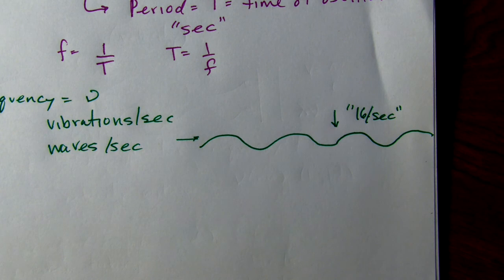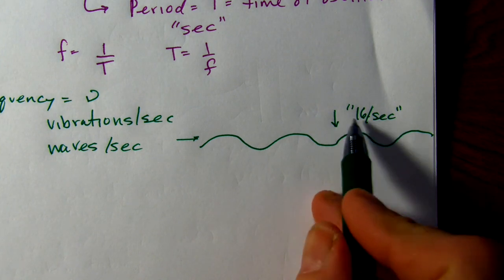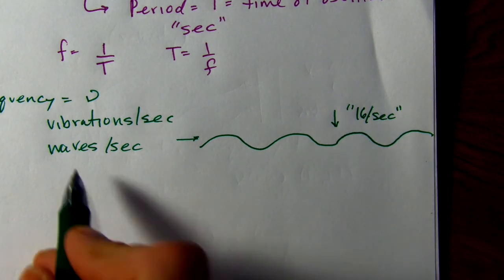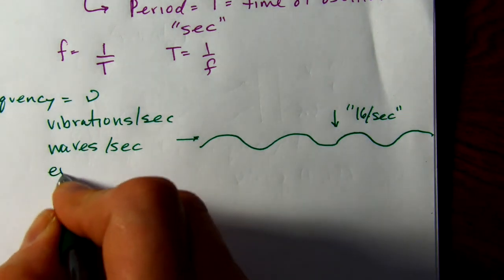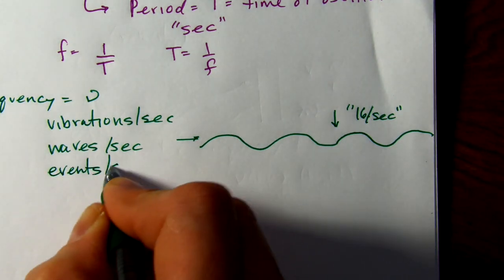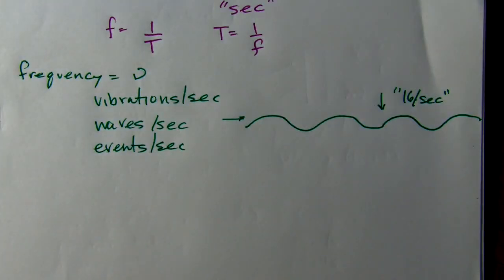So that's how we're doing frequency: as this wave propagates through the medium, we could count how many vibrations we experience. So you could call it vibrations per second or waves per second or events per second. Okay? Any number of those things here.